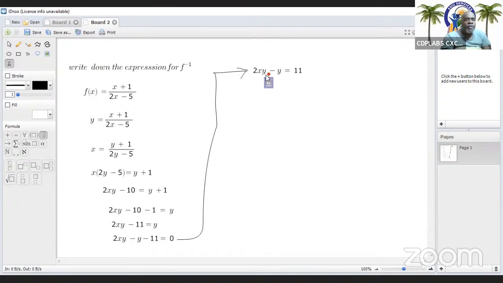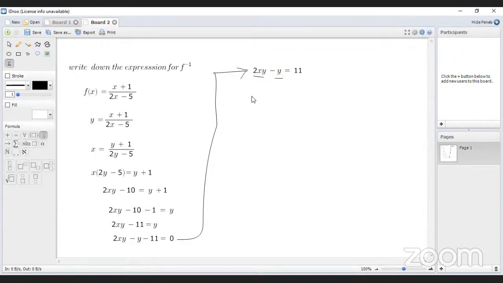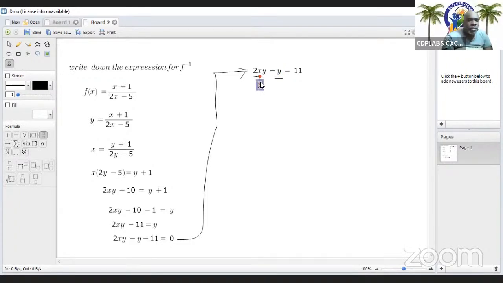So we're going to now factorize. The common factor between 2xy and y is what? The common factor is y. Factorize means that we find what is common between the expressions, and y is common.